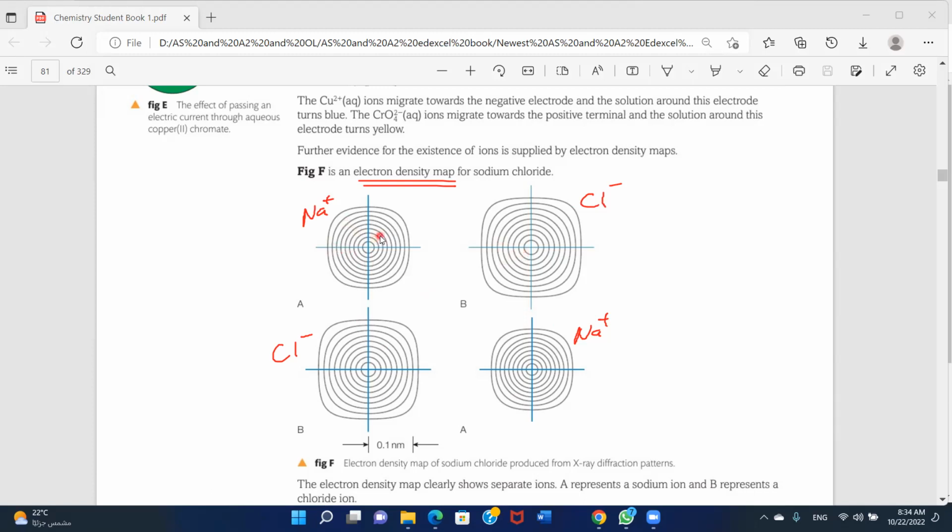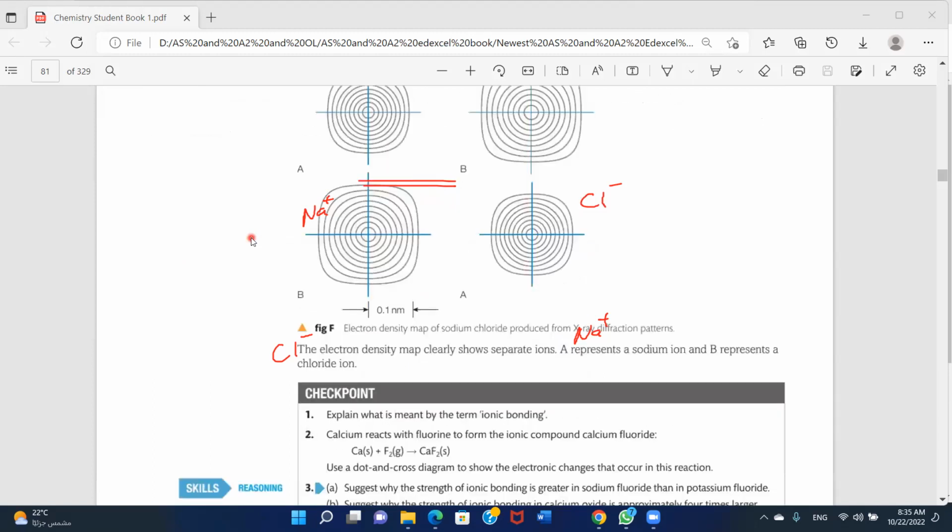No, this sodium ion is attracted to all the chloride ions around it: the one above it, the one below it, the one beside it, the one in front of it. All the sodium ions are bonded to all chloride ions. There is a very strong electrostatic attraction force between the ions. We call this the electron density map.